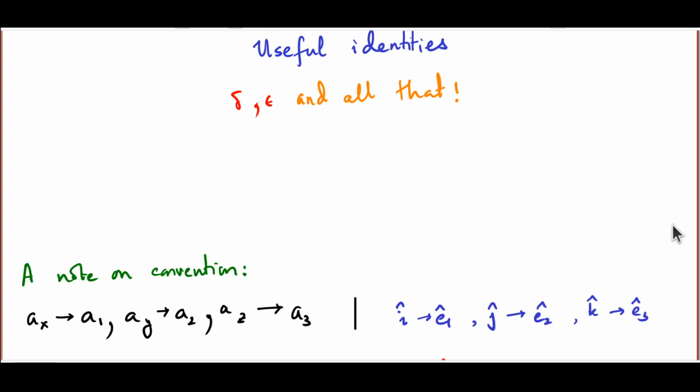Now, instead of using ax, ay, az for the three components of a vector A, I'm going to change notation a bit. I'm just going to write A1, A2 and A3. Similarly, instead of the three basis vectors i, j and k, I'm going to introduce the notation e-hat 1, e-hat 2, e-hat 3, the hat signifying that these are unit vectors. 1, 2, 3 stand in for x, y and z respectively.